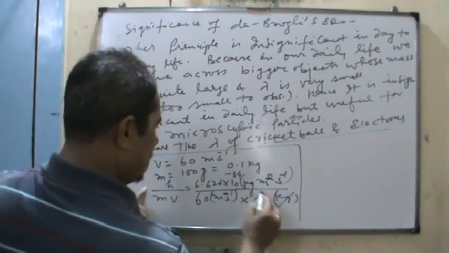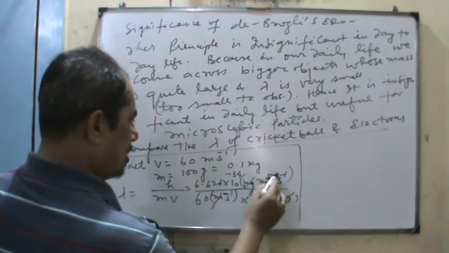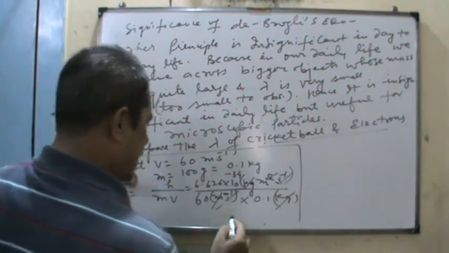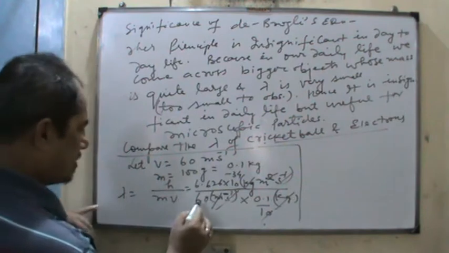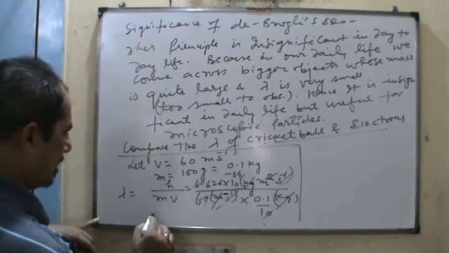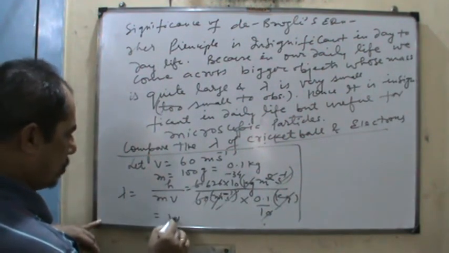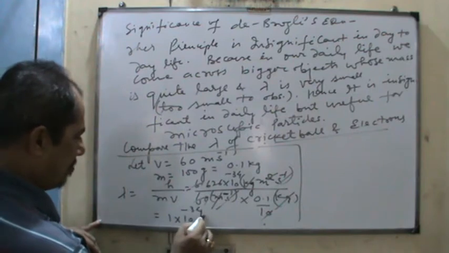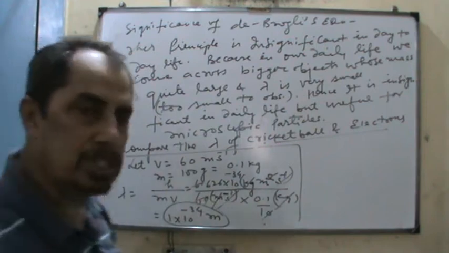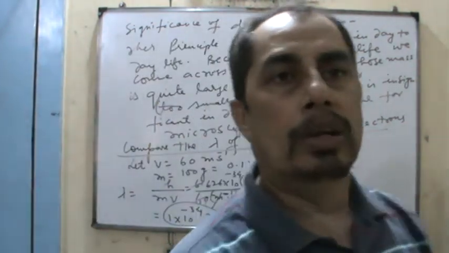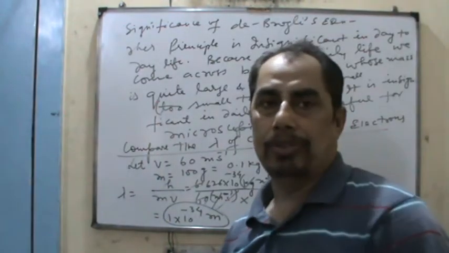So kg, meter and second cancel out. Dividing 0.1 by 10, with the 6 cancelling, approximately it is 1 into 10 power minus 34 meter. Just to realize, this value is very small, 10 power minus 34.